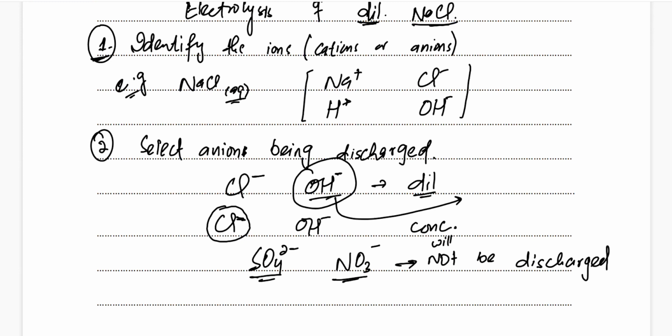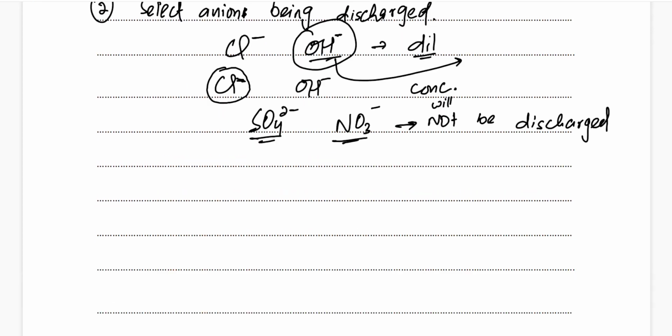But if we take the concentrated solution of chloride, then chloride, iodide, bromide will definitely be discharged. But if we take the dilute, then hydroxide that comes lower will be easy to discharge.